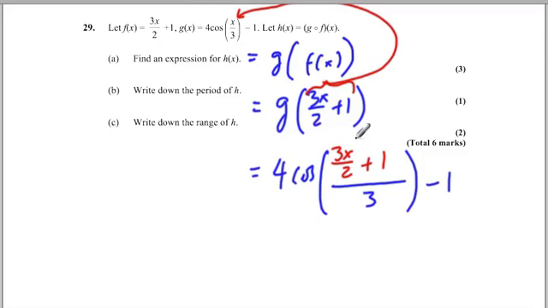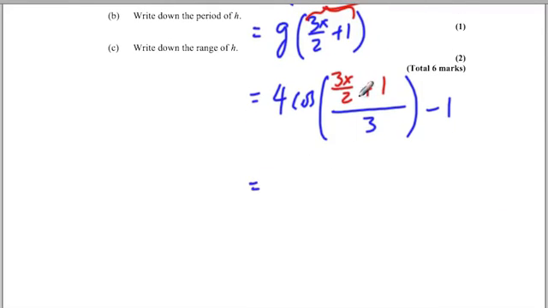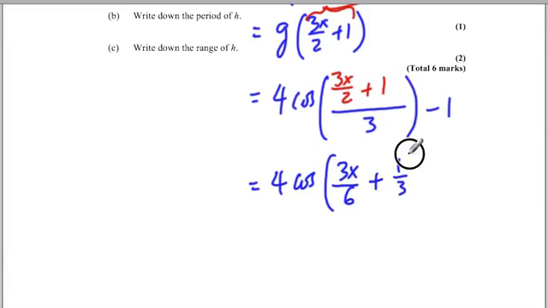Now, the thing to do here is just to simplify this expression as much as possible. So I'm going to divide each of these by 3. So this is going to be 3x over 6, because 3x divided by 2 divided by 3, you just multiply the 2 and the 3, so you get 3x over 6. And this is plus 1/3 minus 1.